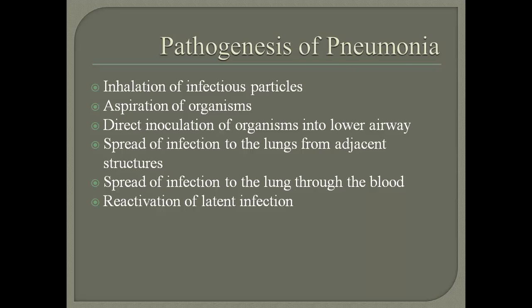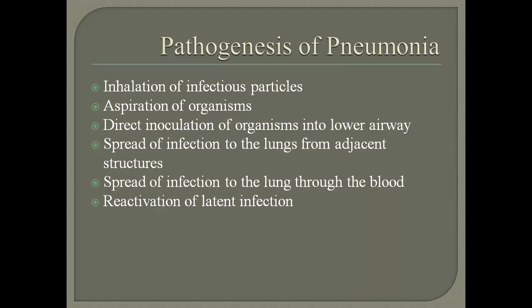Pathogenesis of pneumonia. So what happens in the body when we get pneumonia? There's basically 6 ways that we can come in contact with it, and they're listed here. I can inhale infected particles. So I can inhale the flu from somebody else. I might inhale diphtheria particles. They can be aspirated, either growing in our mouth with poor dental care, or aspirated from patients on a ventilator.